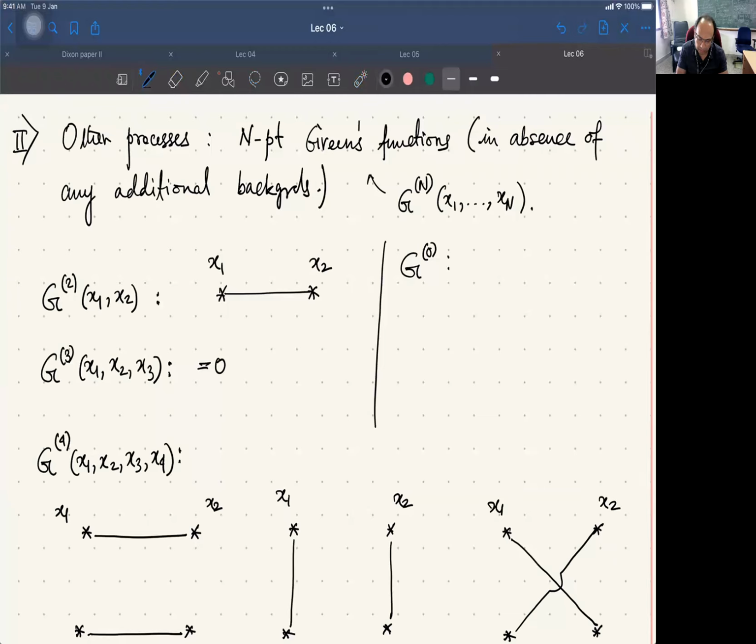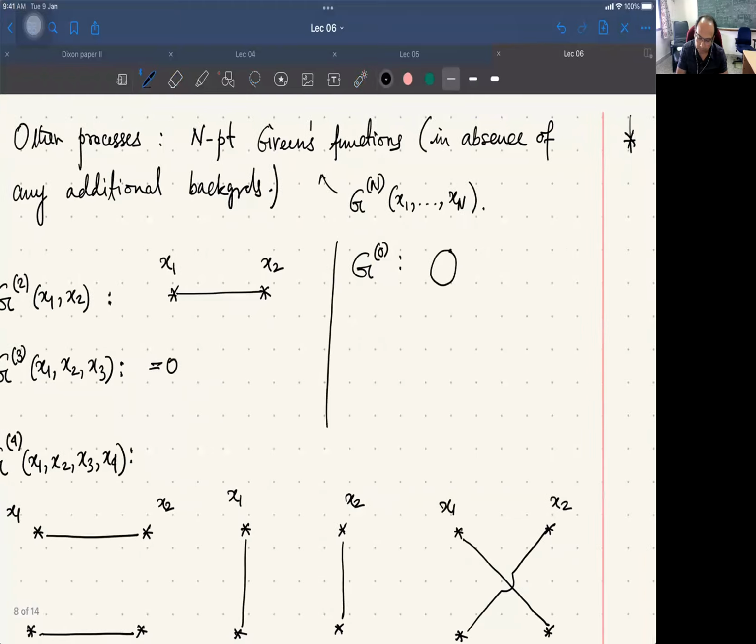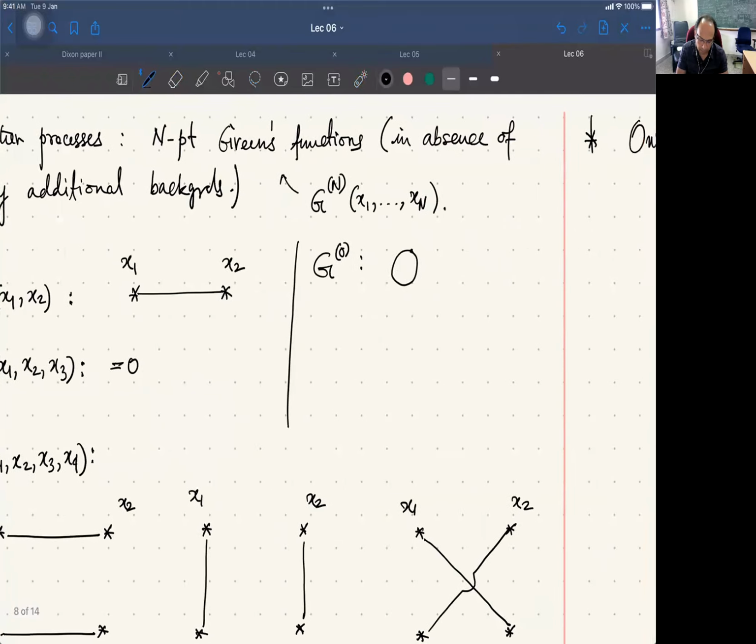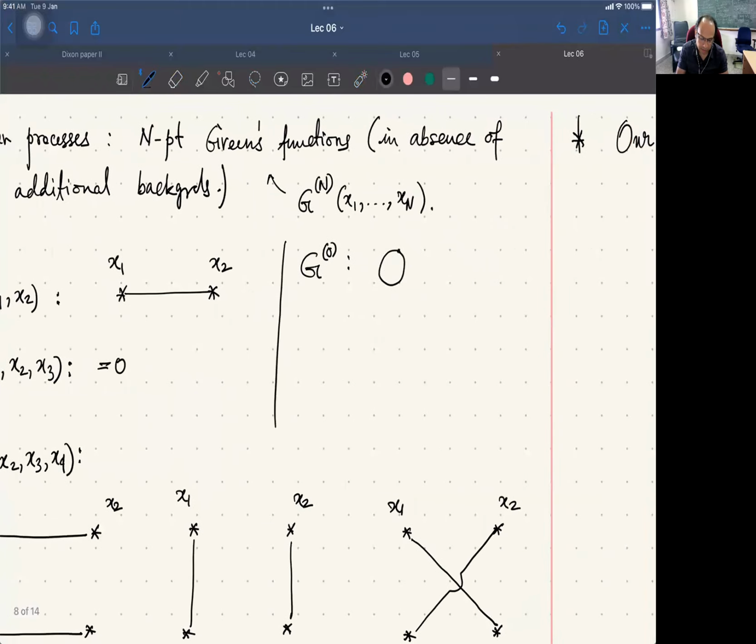The diagram is that if you start from X and come back to X, so X is not an external point here. So this is a diagram with no external points, and since it's not an external point, it's not fixed. This is the only diagram of this sort that you can draw here, which has no external points.